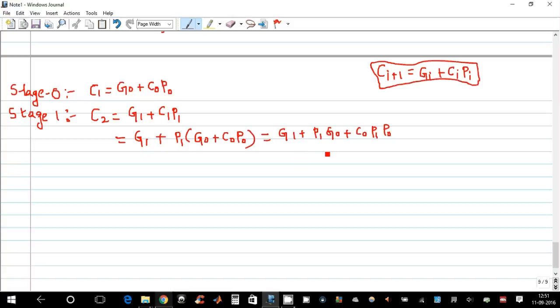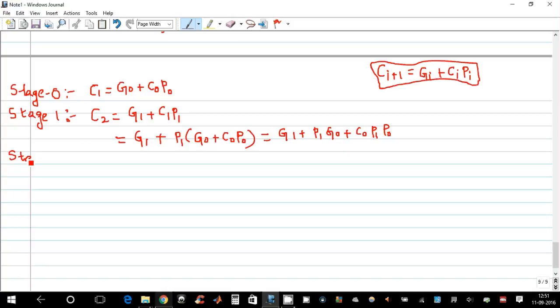As you can see here, C2 is now free of C1, that is, it depends only on A1 B1, for realizing G1 P1, so C2 depends on A1 B1, A0 B0 and C0. That is what we have done here indirectly.